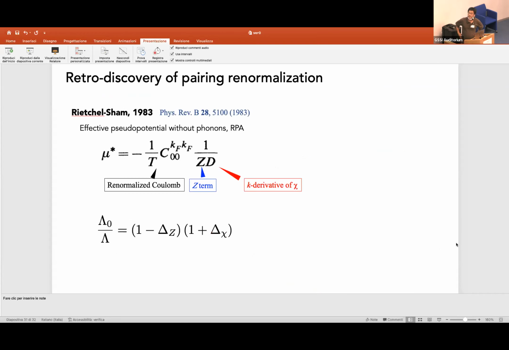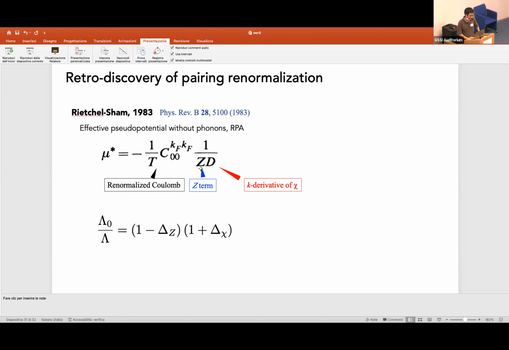After understanding this, I did some thorough re-investigation of the previous works, and I finally found a similar equation. It was already obtained by Rice and Sham long years ago. In this paper, they analyzed the effective pseudopotential without phonons within RPA. And in their formula, this C over T term represents the renormalized Coulomb interaction due to the retardation effect between the plasmon and the static Coulomb.